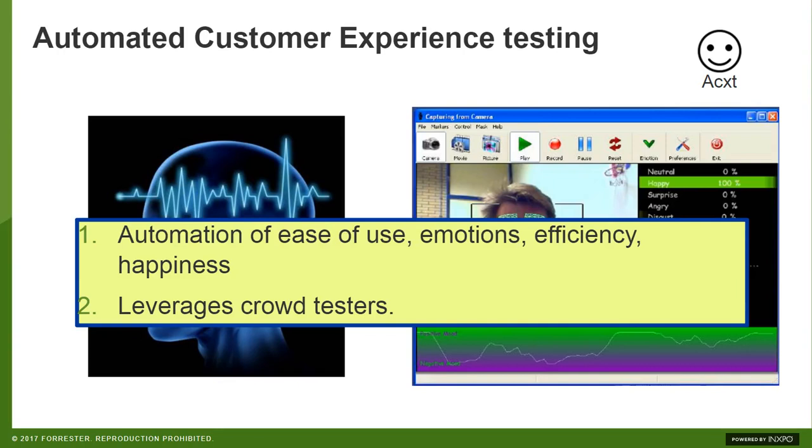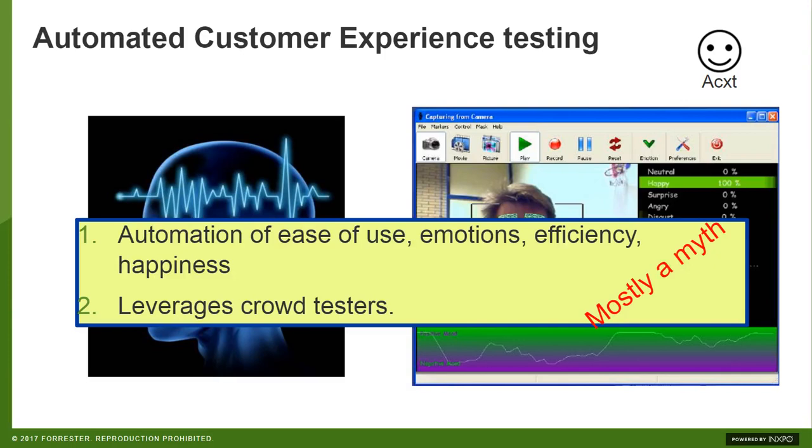Now today, this is mostly a myth, but there are some, LTI, which is a system integrator, and other system integrators also doing some work in this space, using, for example, brainwave tools, hardware that you can buy at the supermarket for $100 in the United States, or in Target or some other retail, and use that brainwave technology that generates data exactly around the fact that you are getting frustrated, you are being happy, you are being efficient in using an application.